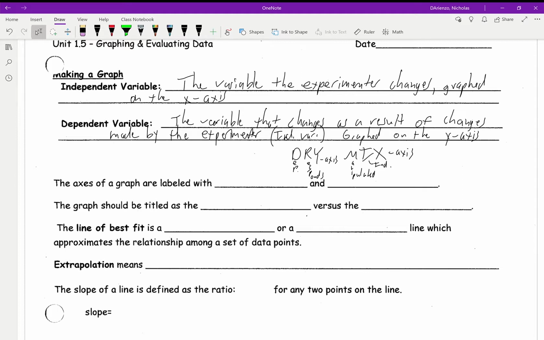Any axis of a graph is going to be labeled with quantities and units. You would have heard me talk about this many times in years past for proper scale and labels on a graph. I've always said the safe way to title your graph, which you always need a title, is as the dependent variable versus the independent variable.